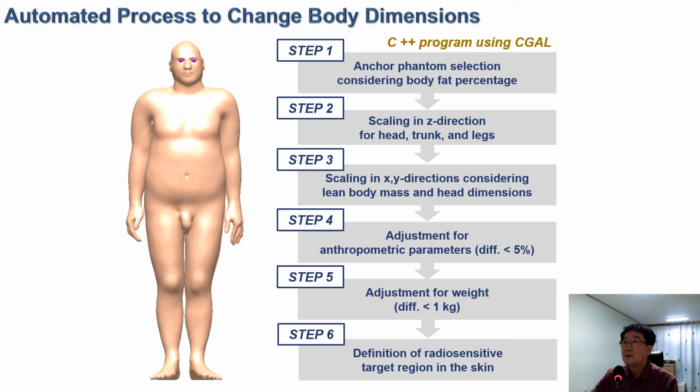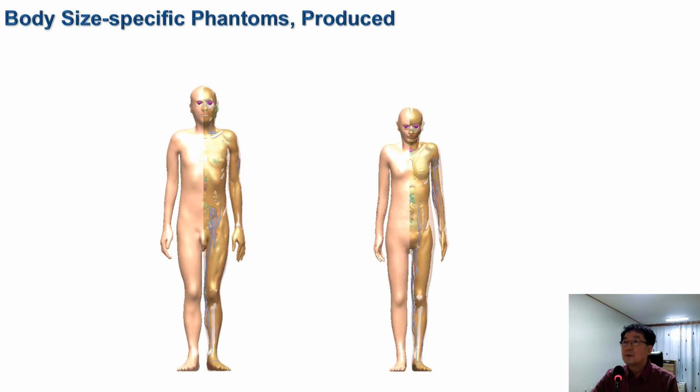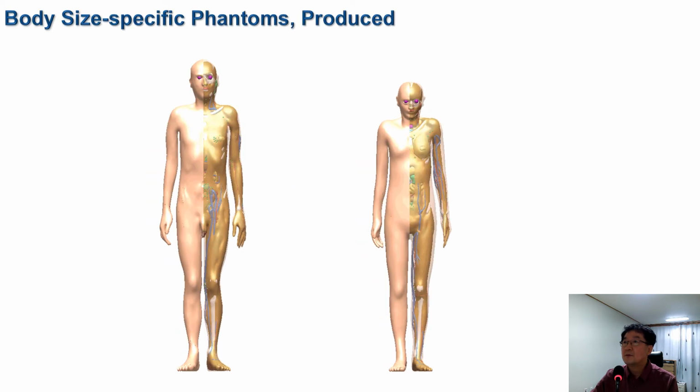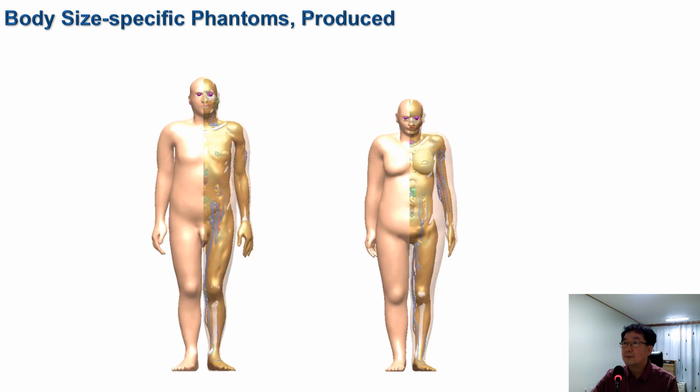Then finally, the 50 micron thick radiosensitive target regions were defined in the scheme. So here is the result. This slide shows the phantoms with different body sizes produced with the program.